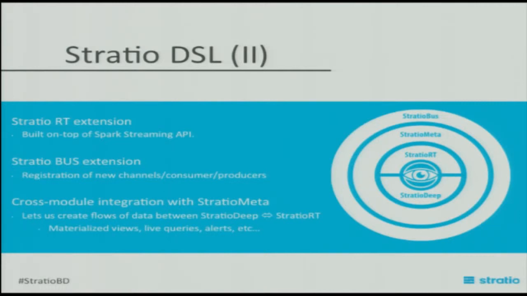Furthermore, we want to be able to create data flows between StratioDeep and Stratio real-time, and vice versa. So if you have the ability to create data flows, you can, for example, using StratioDeep, create materialized views inside the data store, and later keep updating the data inside these materialized views using Stratio real-time jobs.